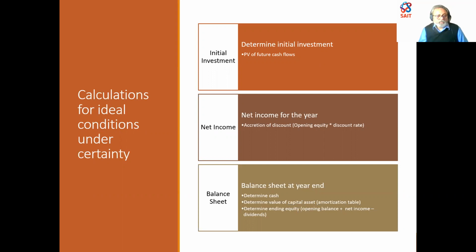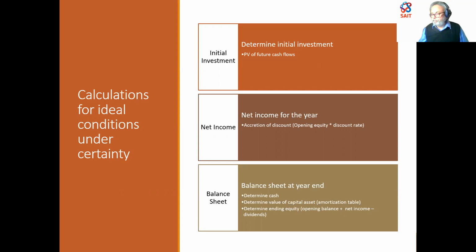Every year, you calculate net income, which is nothing but the accretion of the interest. And the balance sheet is basically your amortization schedule for a bond that you've learned about. Right? Cash comes in, the bond liability or the investment goes down, and you will find that the duality is maintained.